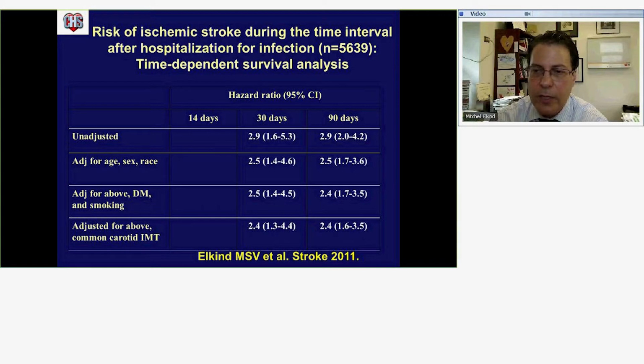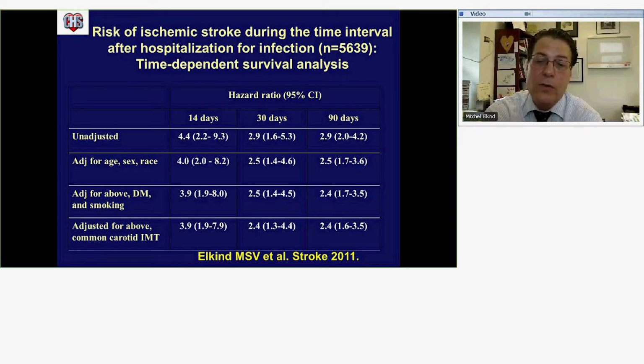When we looked at 30 days and 14 days, again, the risks seemed to increase, not unlike what we saw with the case crossover analysis. And also, you can see that the magnitude of association is stronger here as you get closer in time, and there's very little attenuation of the effect for adjusting for other risk factors.